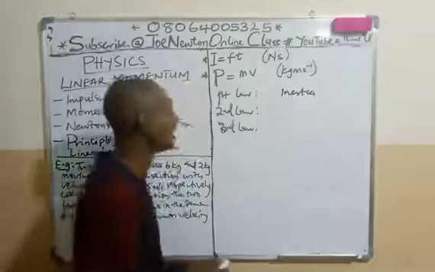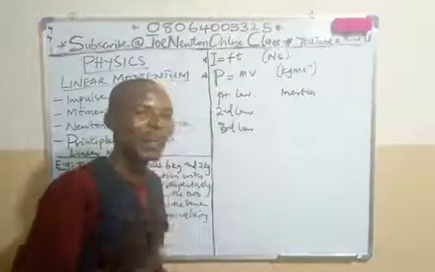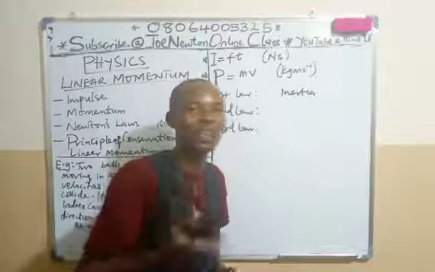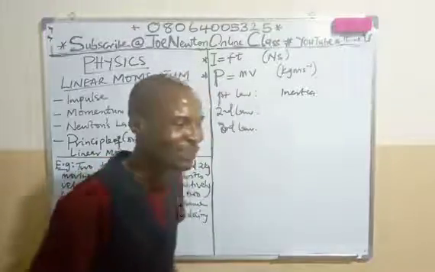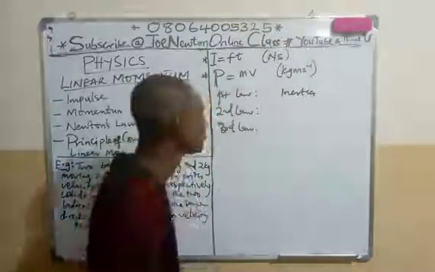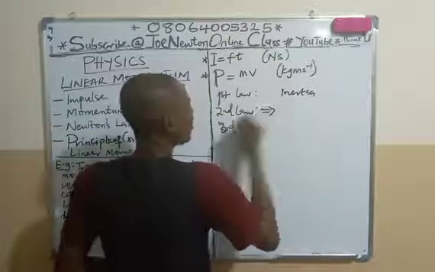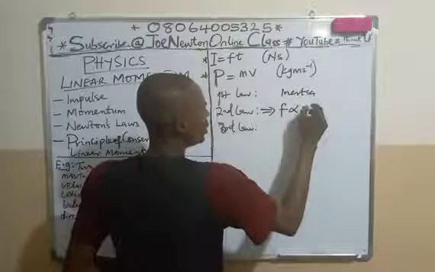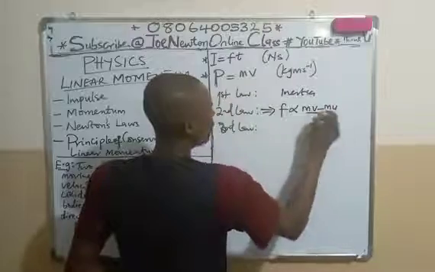Good. You can see the second law is telling us about how to determine or quantify the force acting on a body, and about the impact of a force on a body. Now, from the second law, we have that the force is proportional to the rate of change, which is (mv minus mu) over t.